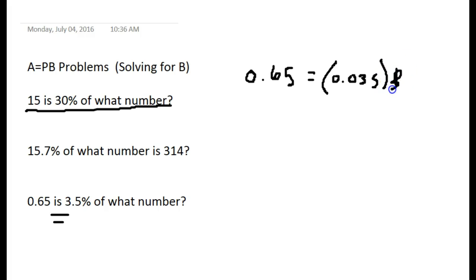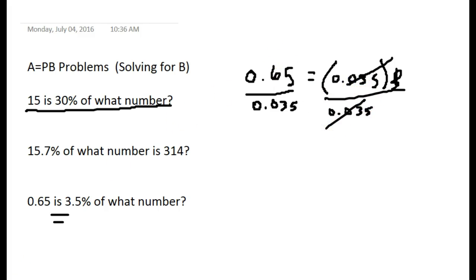So that's my B. I'm going to divide both sides by 0.035. Divide 0.65 by 0.035. These will cancel.